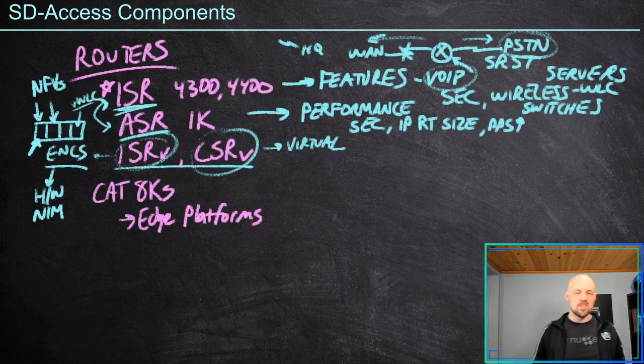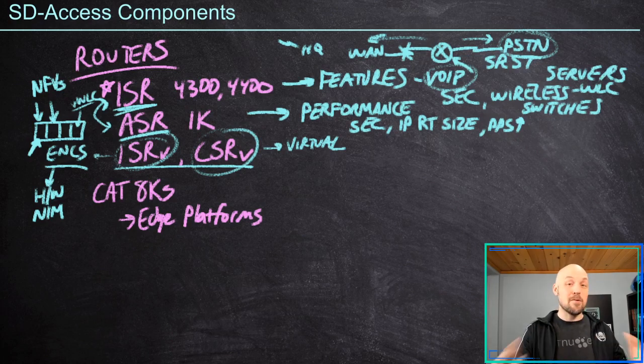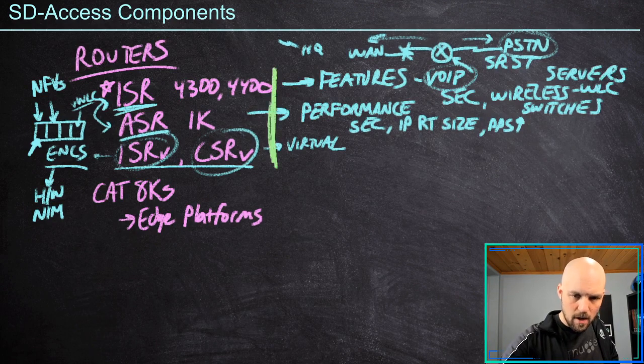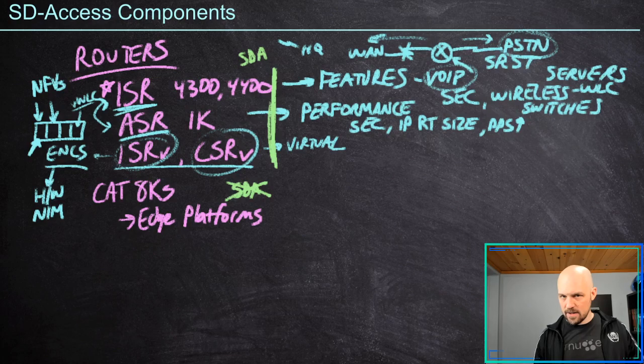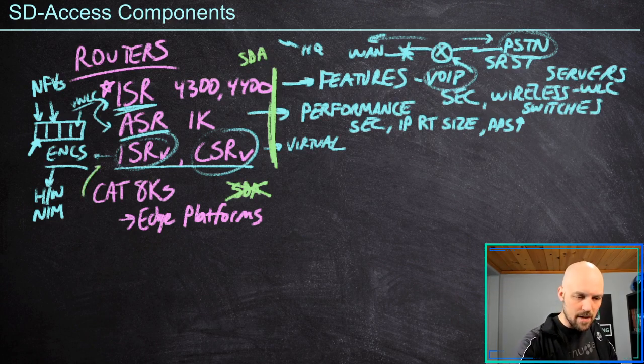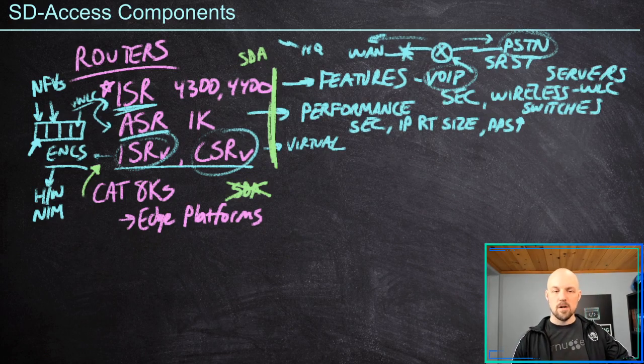So these 8,000 edge platforms, everything we just talked about is absolutely true, and even better, these are all functioning within the world of SDA. The Catalyst 8000s have not been enabled for SDA as of the time of this video. The Catalyst 8Ks are going to be the spiritual successor to the ISR 4000s and the ASR 1Ks.